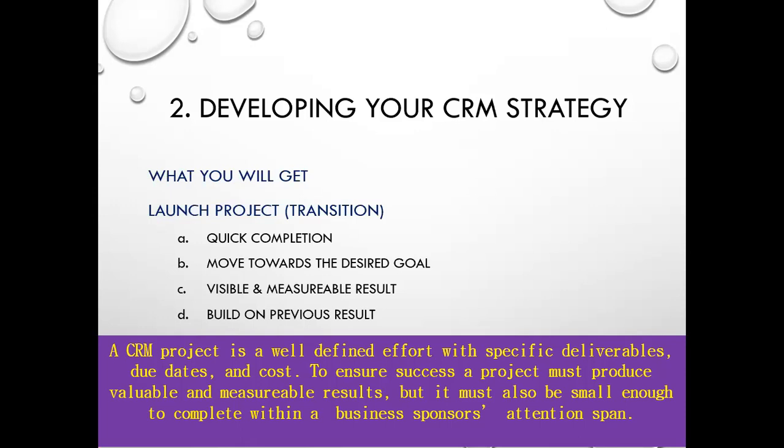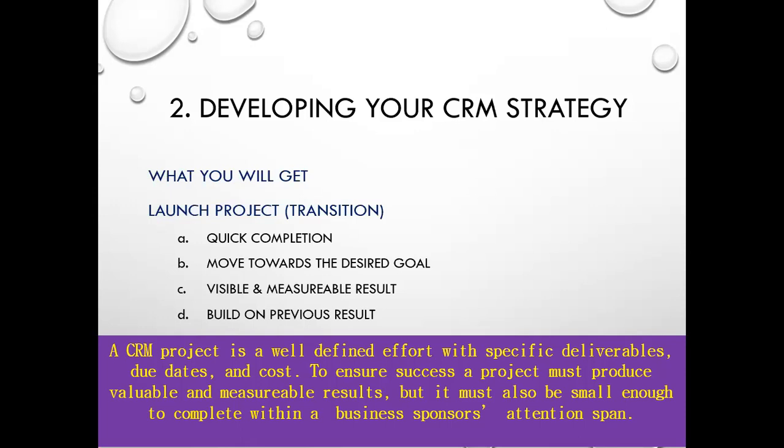So in launching the project, you have to ensure that this project will be a quick completion. The second one is move toward desired goal. The third one is visible and measurable results. And the fourth one is build on previous results.